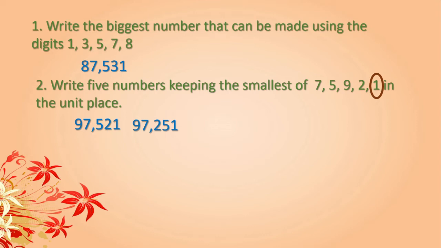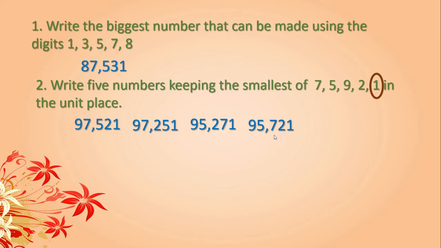Right? These 2 numbers we got. Now next, again we will take 95,271. Here I change the place of this 5 and here 7. Exchange the places. Now what I will do? Here again I will change this 2, 7 as 72. See here. Okay.